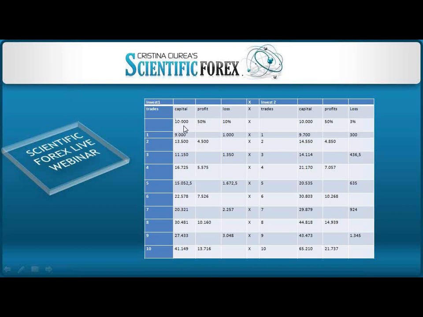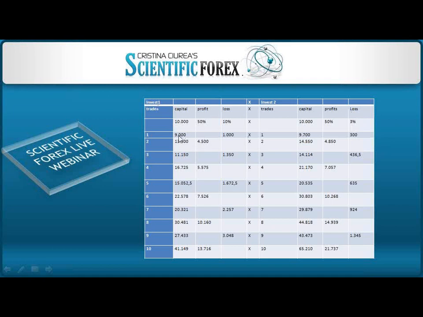So both investors are starting with 10,000 capital. The profit they are making in one trade will be 50%, and the loss will be 10% for the first investor, and for the second investor, who doesn't want to take too many risks, 3%.